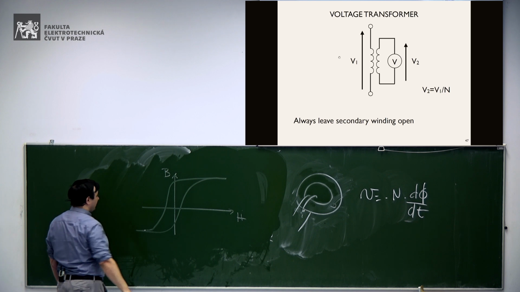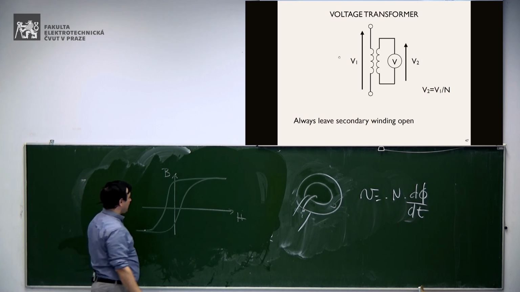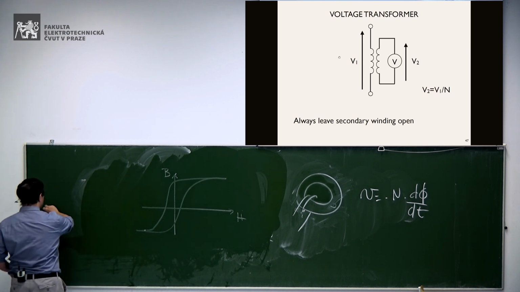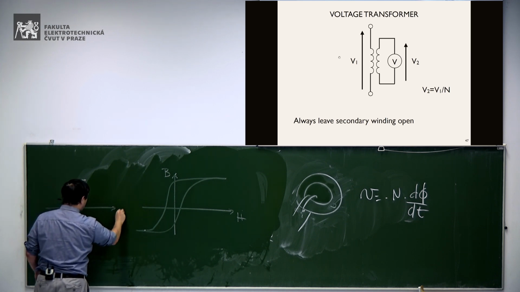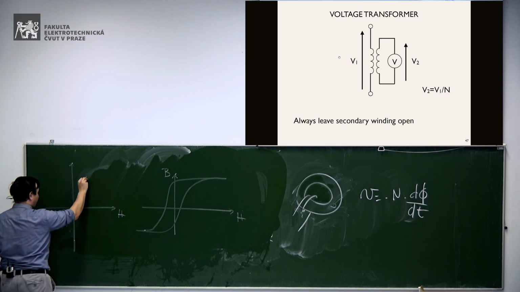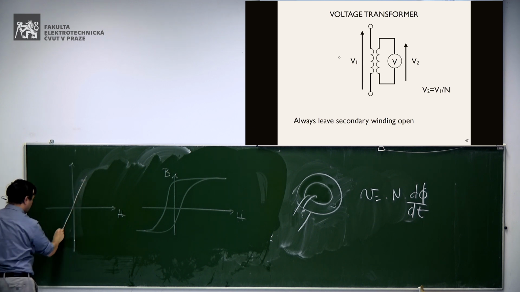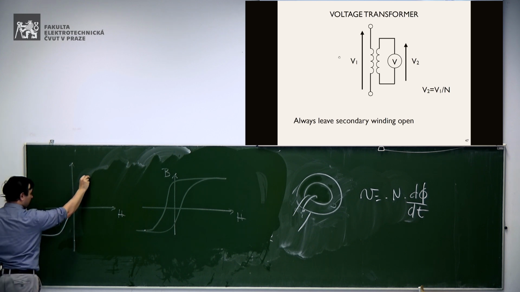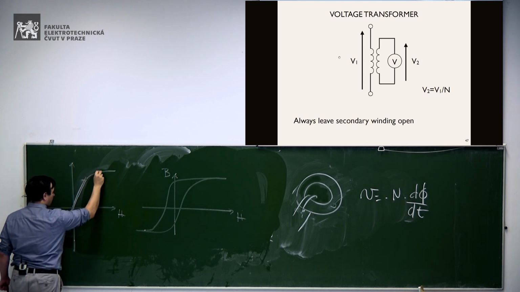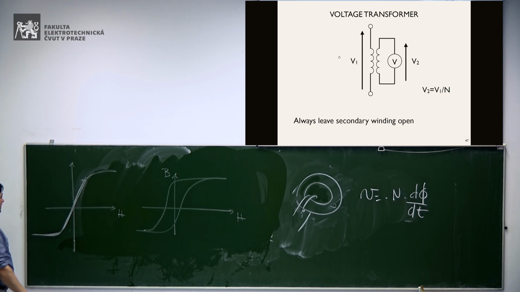Now, forgive my poor drawing skills, okay? It could have a large coercivity, like in this case, or a very slim coercivity, okay? Like in this case. But always it will arrive into saturation.